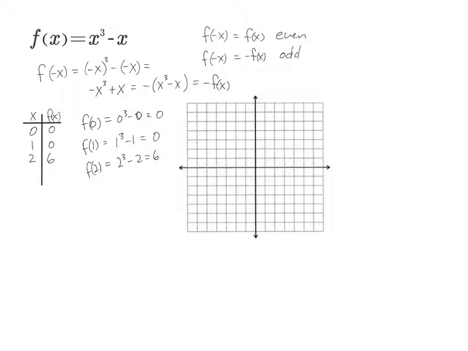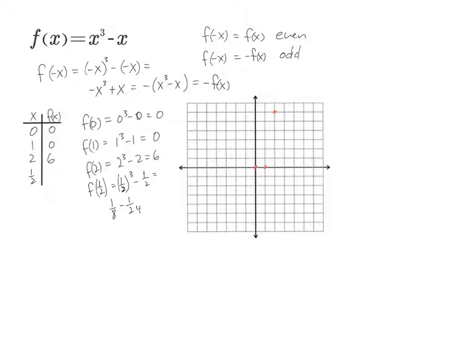So that's going to be here, here, and here. Now, here's the problem. I don't know what's happening in between here, so I'm going to have to do one more. So I'm going to do 1/2. So f of 1/2 is 1/2 cubed minus 1/2. Well, 1/2 cubed is going to be 1/8 minus 1/2.